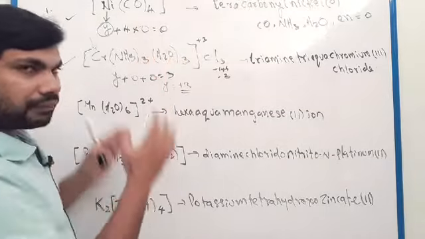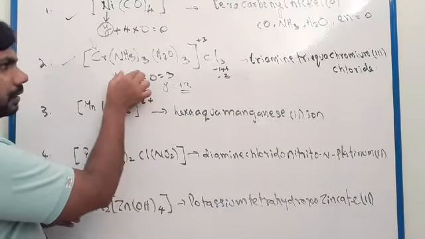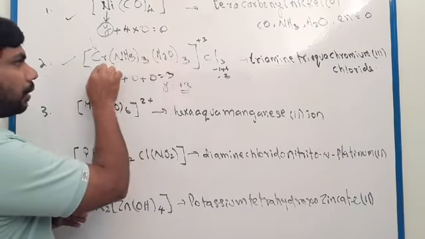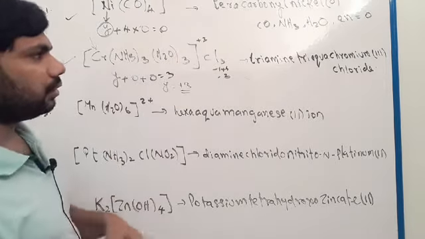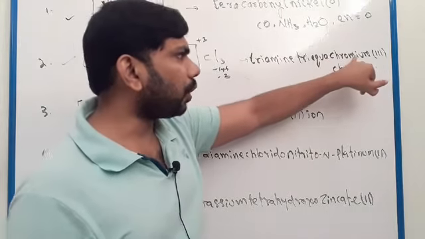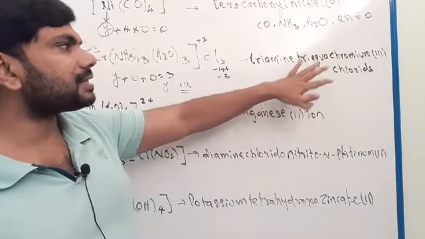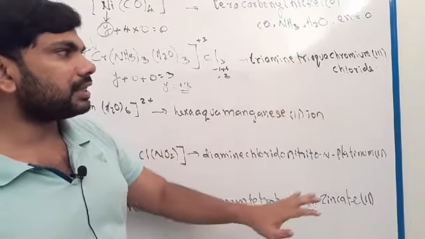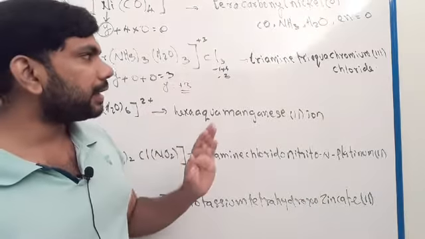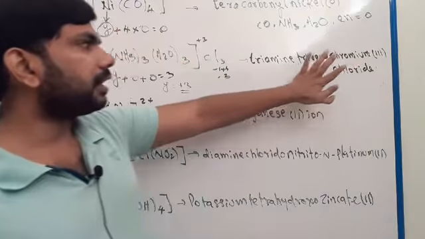We will always say the cationic part first. Okay, triamine, triaqua, chromium 3 chloride. There is no space between ligands, transition metals, anything. Okay, without any space, without any capital letter, you have to write their name.